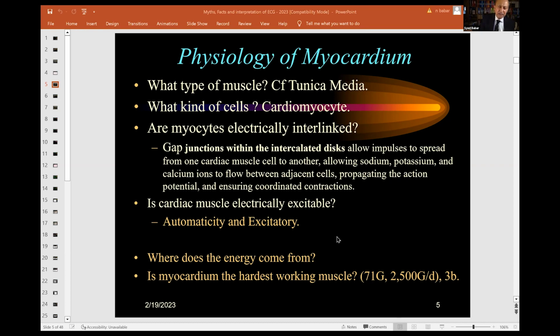So it is fairly different in the sense that it does produce action potentials, and it can also act as a conducting fiber. It does so very quickly.